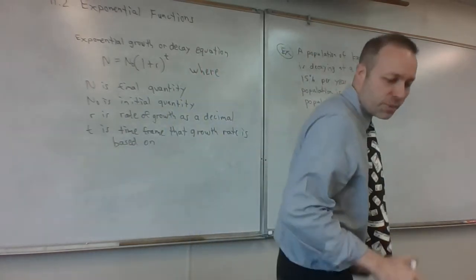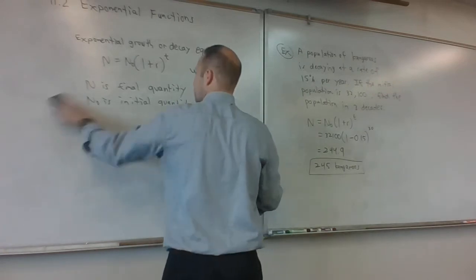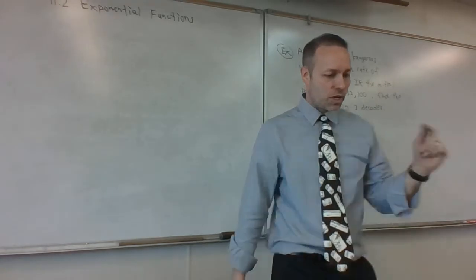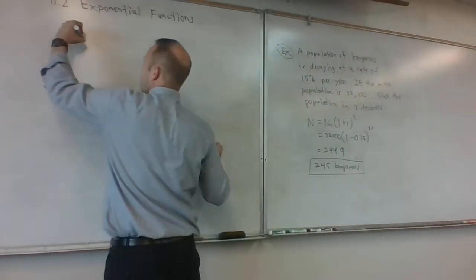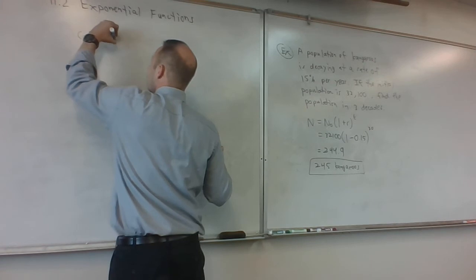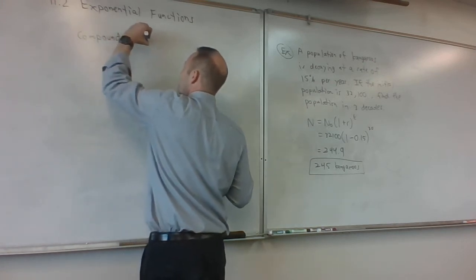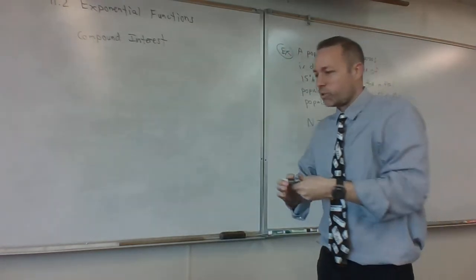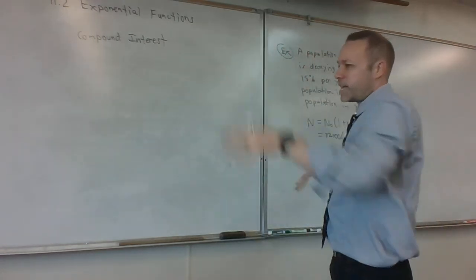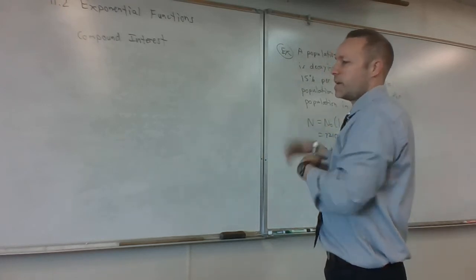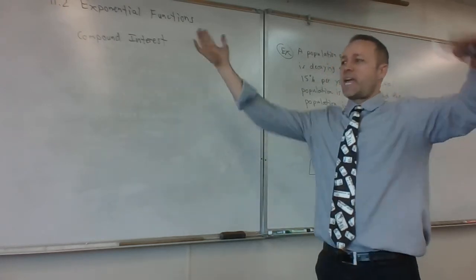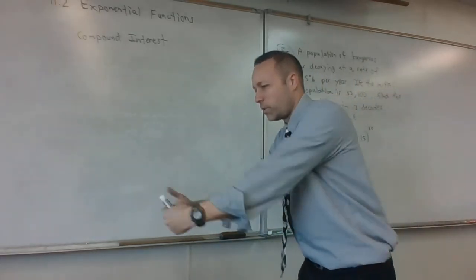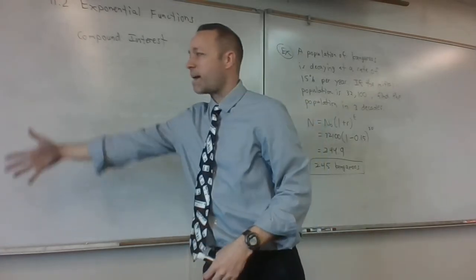And then one other formula that we have is a particular application of exponential growth, that is compound interest. Compound interest is very similar to exponential growth, except rather than kangaroos, where we're just assuming that new kangaroos are being born whenever they happen to be born, and that there are not specific intervals at which the growth happens.